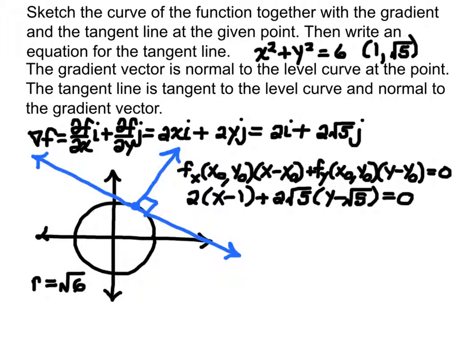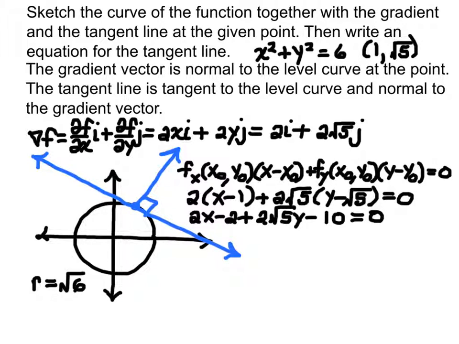Now let's simplify this equation. We'll distribute the 2, and we get 2x minus 2, plus, and we'll distribute the 2 radical 5, and get 2 radical 5 times y, minus 2 radical 5 times radical 5, which is 10, equals 0.